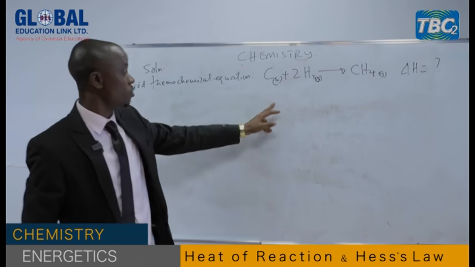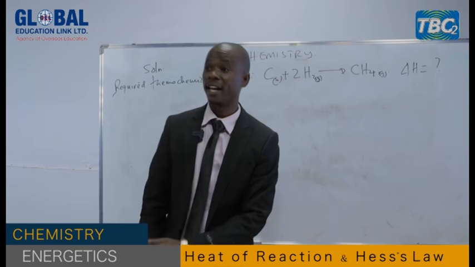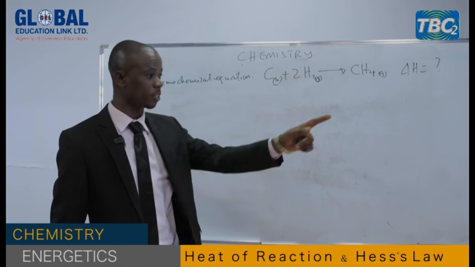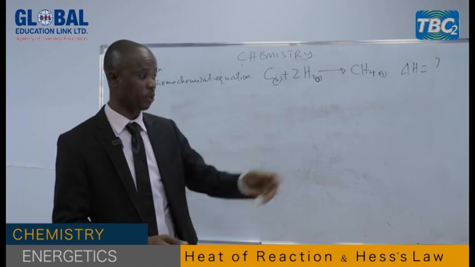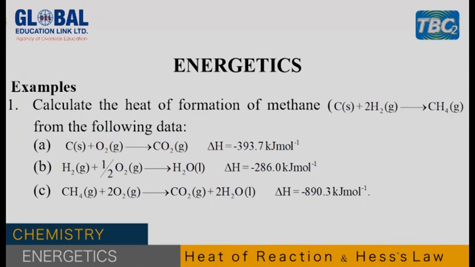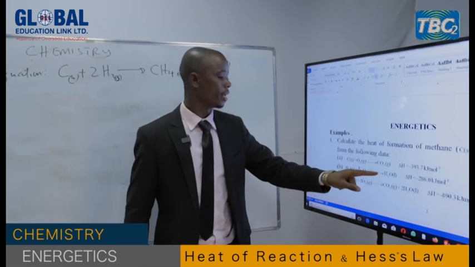Now, in the required equation, the product is methane. My dear student, when you go back to the 3 given equations, which one has got methane? You can see methane is found in the third equation, equation C: methane gas and 2 moles of oxygen gas to get carbon dioxide and 2 moles of water.